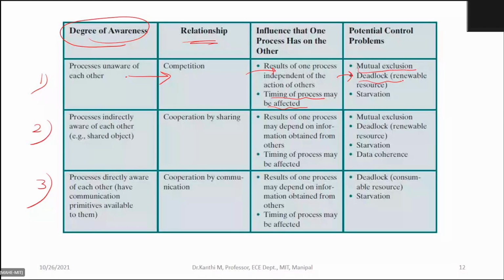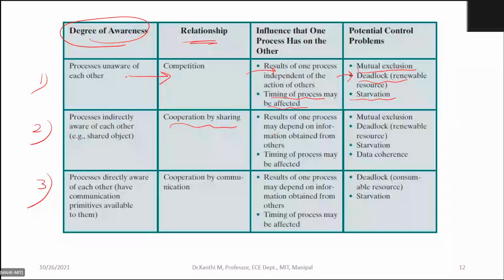And the second category, here they don't know each other directly, but through some object they know each other. Here you can have cooperation by sharing. Here the results of one process may depend on the information obtained from others.